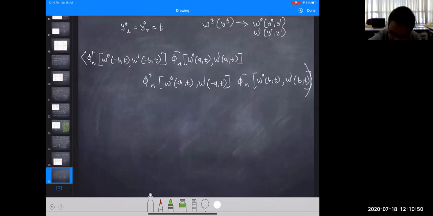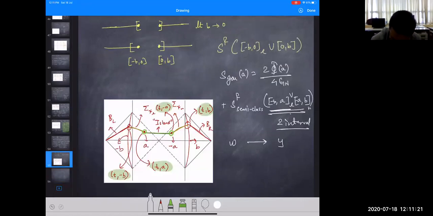Okay, this is the 4-point function I have to compute in the w coordinates, right? So I'm putting twist operators in the w coordinate by transforming these points from y coordinates. Okay, this is what I want to do. Now let's again look at this. a is a constant value in y0, right? I mean basically what is happening, this whole slice which I have constructed is at a constant time.